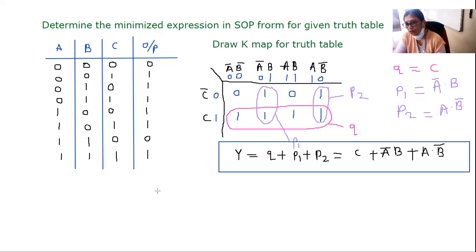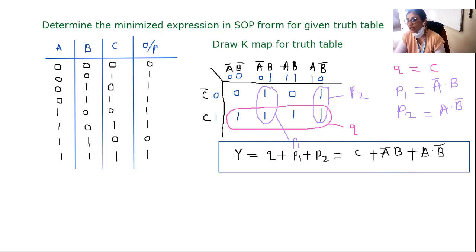Okay. Now we have to draw the logic diagram for this. In order to form A bar, we will require one NOT gate. In order to form B bar, we will require one more NOT gate. In order to form product A bar dot B, we will require an AND gate.